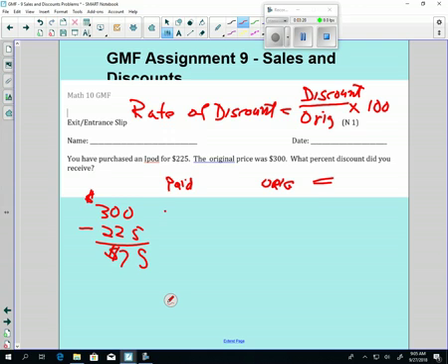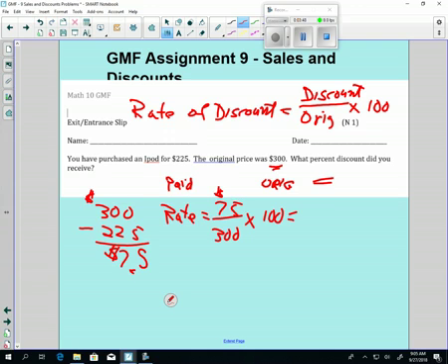So in order to find the rate or the percent, you'll take that amount that you saved, the $75, and you divide it by the original amount. The original amount was $300 times 100.